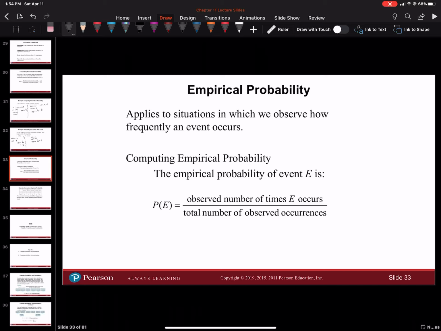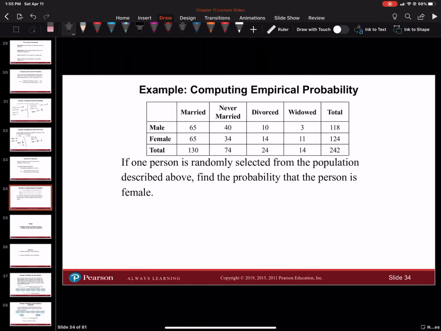So when we do empirical probability, it's something that somebody had actually set up and gone through the process. They observed flipping a coin 100 times and counted how many times it landed on heads or tails. So let's look at this example of empirical probability.